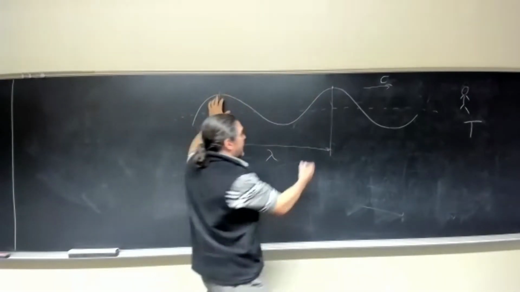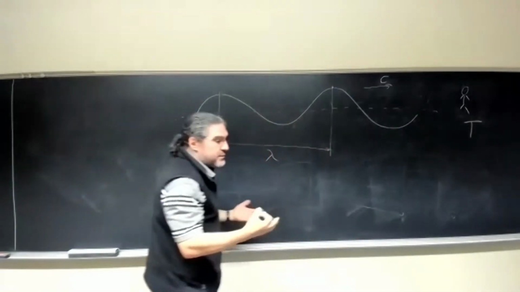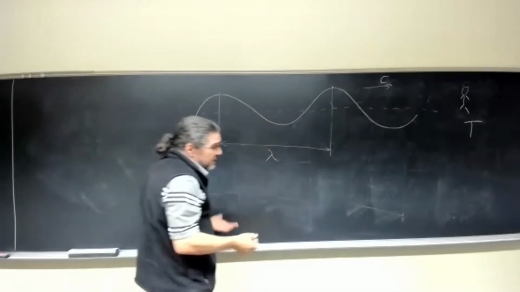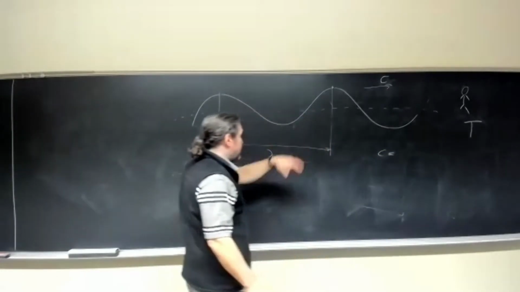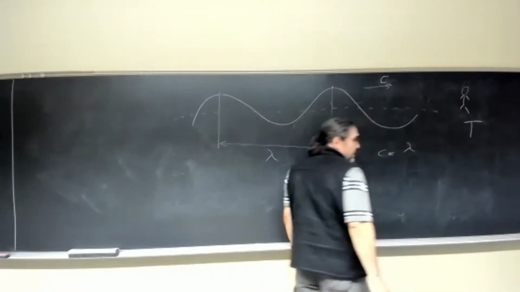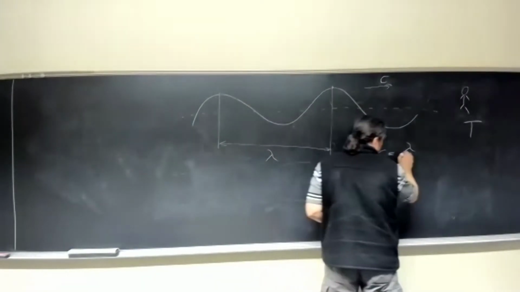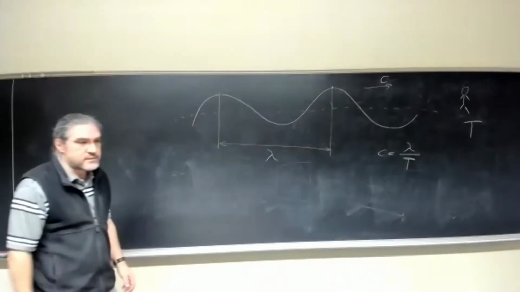Then, after that time, everything repeats itself. So that's a period, right? So it means that the velocity of propagation must be equal to the length over which the wave is propagating, divided by the time which it takes to propagate. Does that make sense?